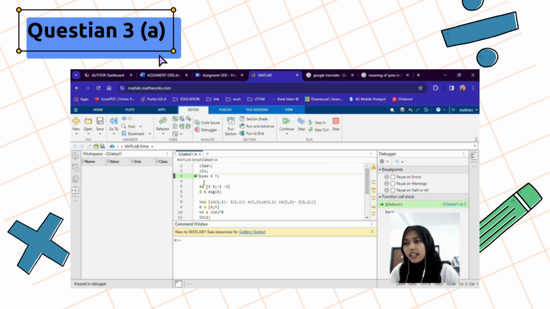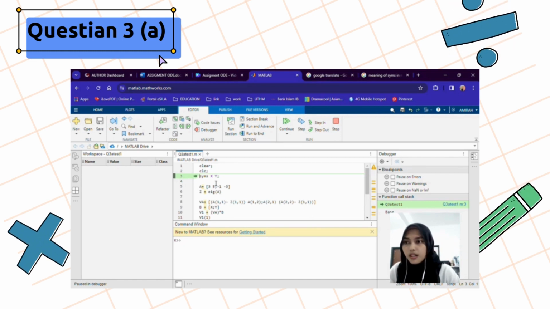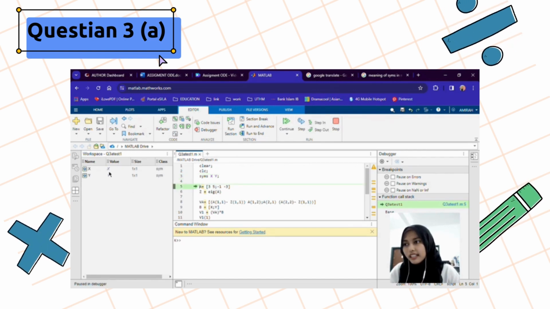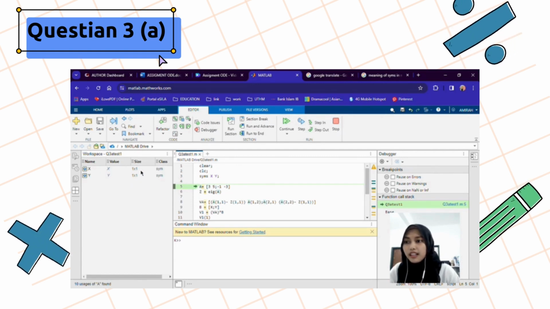So next I'm going to write syms x y, which is to create fresh symbolic variables for an interactive symbolic workflow. So I'm going to create new symbolic variables x and y. And then it will display like this in the workspace, which means we already created the variables.